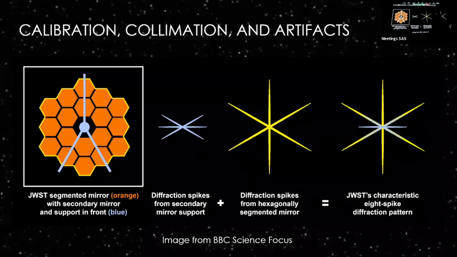But if you overlay those on top of each other, then that is the diffraction pattern that you get. You get a combination across some of the primaries from the secondary holder, and then you get these smaller spikes that are leftover artifacts from the secondary holders. So anything like that is by the optical design.